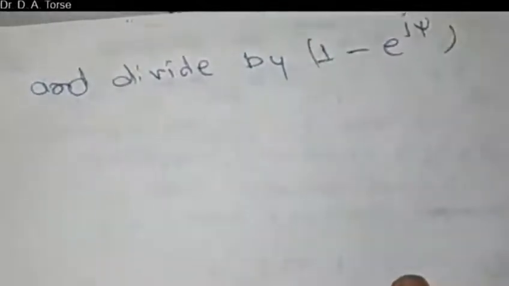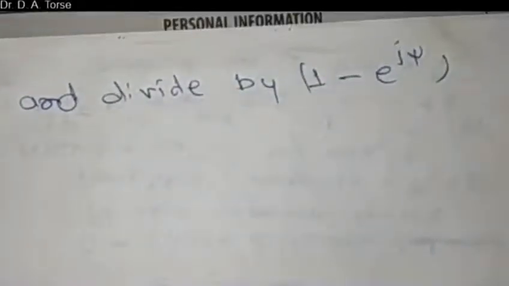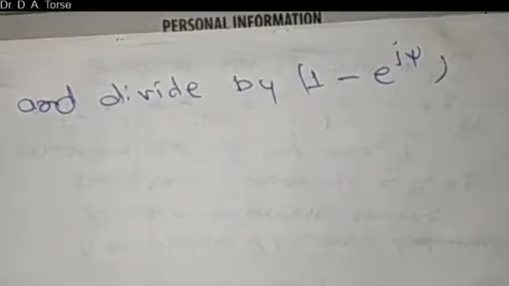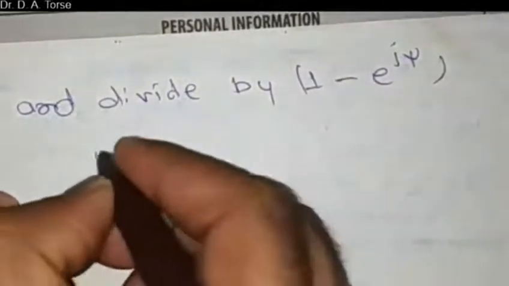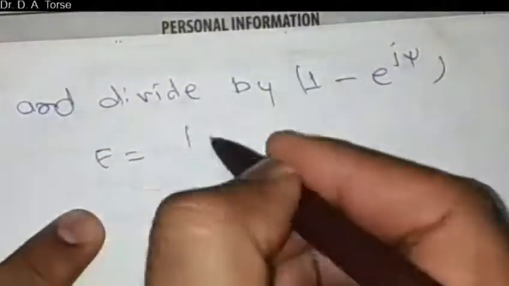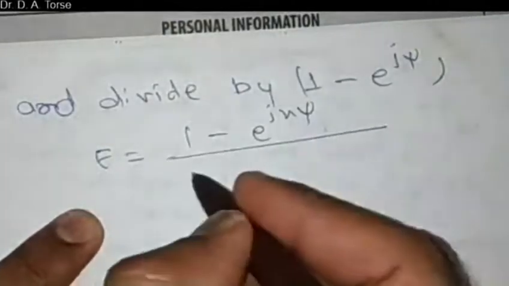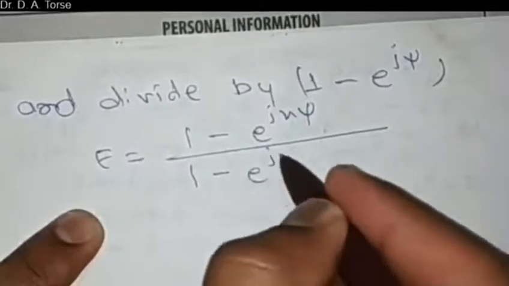Now this exercise is being done in order to get the trigonometric form of the equation, as we are expecting a sine term in this derivation. So the total electric field equation we get is 1 minus e to the power j n psi divided by 1 minus e to the power j psi.